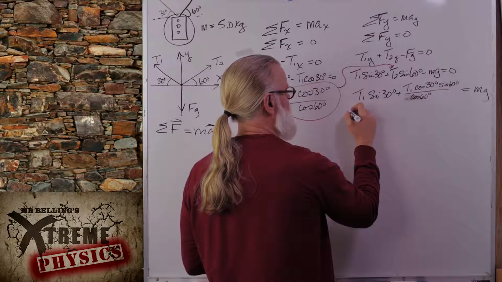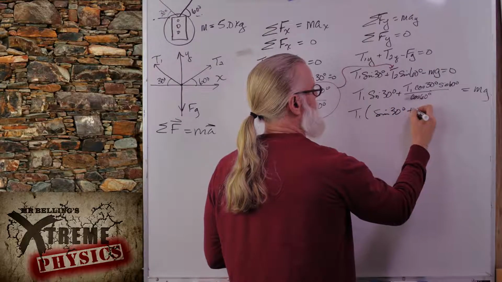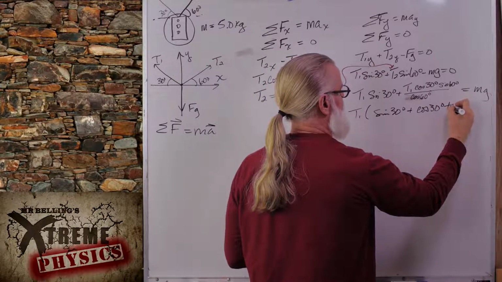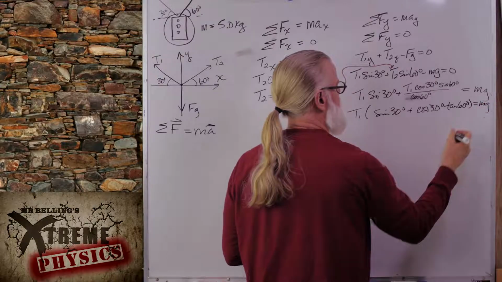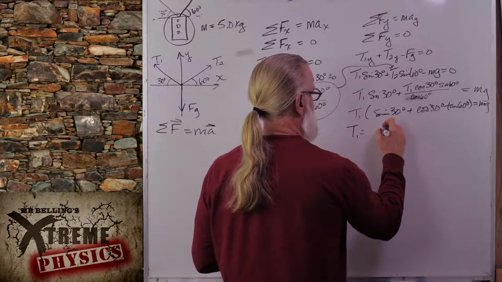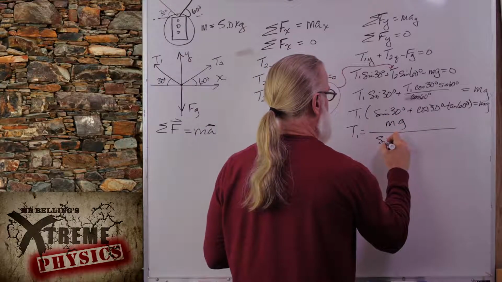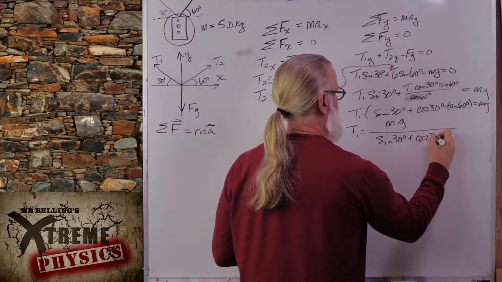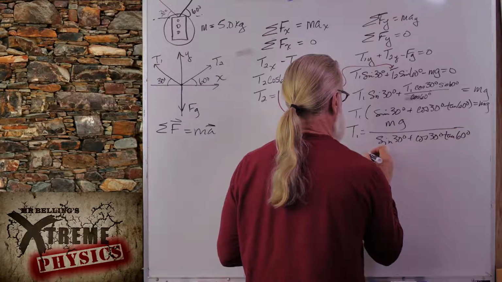I can factor out the T1. T1 times sine of 30 degrees plus cosine 30 degrees tangent of 60 degrees equals mg. All right, T1 therefore equals mg divided by sine of 30 degrees plus cosine 30 degrees tangent of 60 degrees.